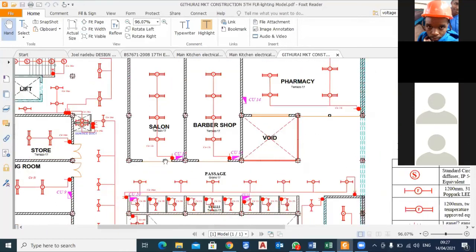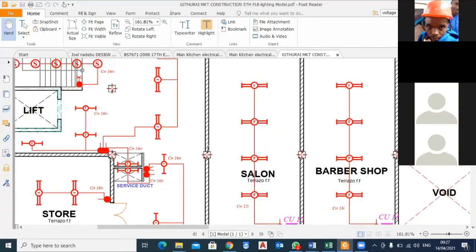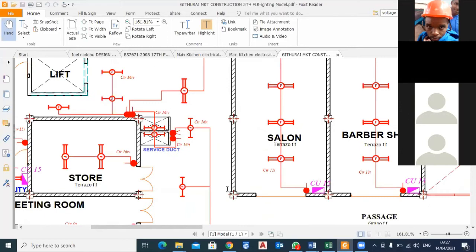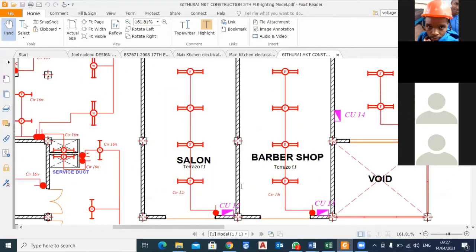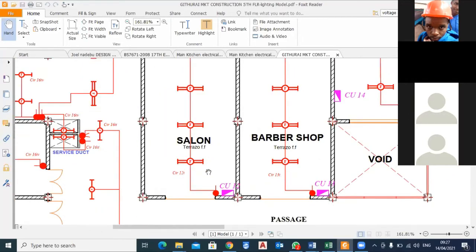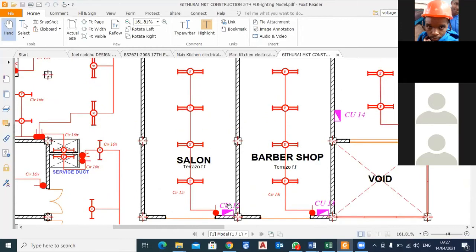Now, let me start with this. Kwa sababu hii niko na consumer unit. Hapa salon or whatever, consumer unit 12. Now this consumer unit 12, hizi mataa nimeziita circuit 12I or circuit 12.1, Roman number 1.